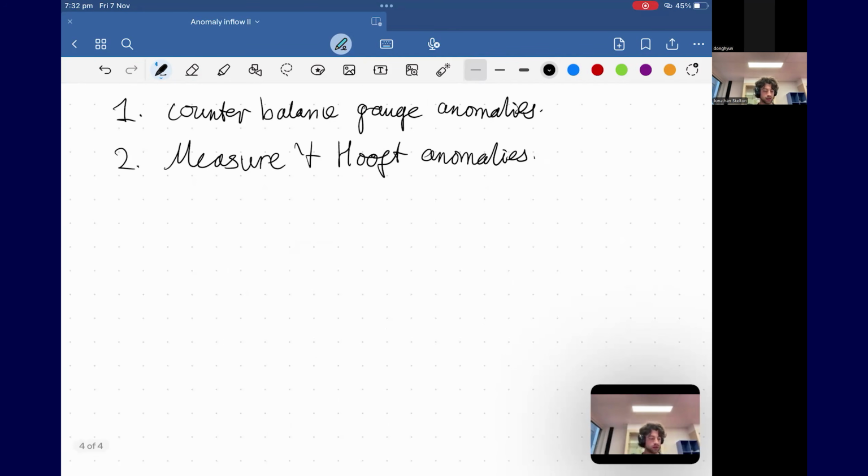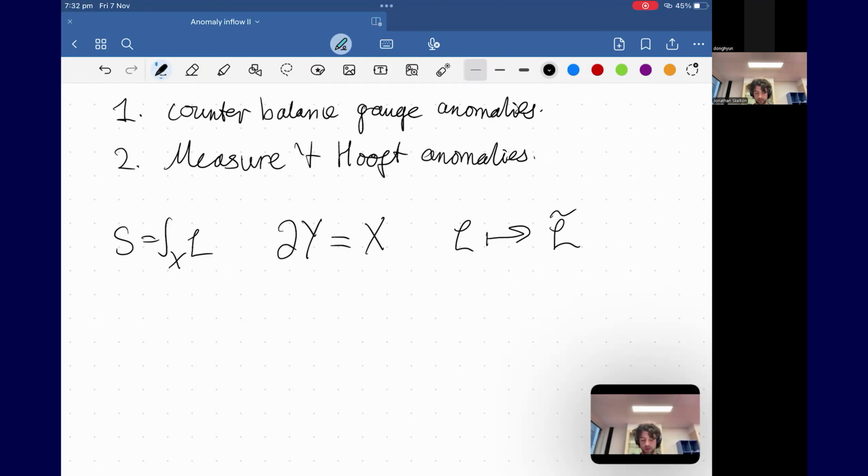The general idea is that you have a theory S defined on the manifold X. Then we want to extend it to a manifold Y, where the boundary of Y is our original manifold X. So we extend the Lagrangian to be a Lagrangian defined over Y, where of course we want them to match. So at X, which is the boundary, it's just going to be the original Lagrangian.